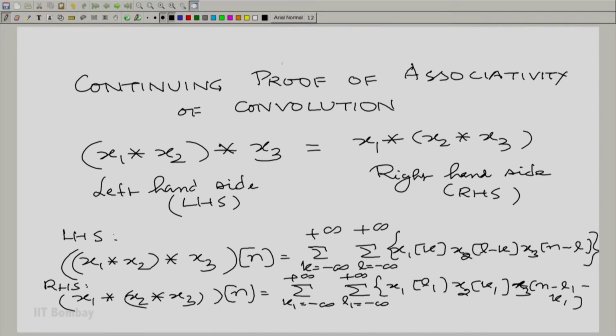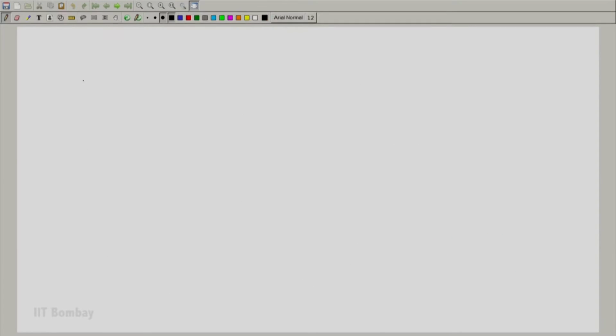Now, we need to make a correspondence here, and that is what we are going to do. So, the correspondence between k and L1 is clear. And we also need to make a correspondence between L minus k and k1. So, let us do that. L1 corresponding to k and k1 corresponding to L minus k.